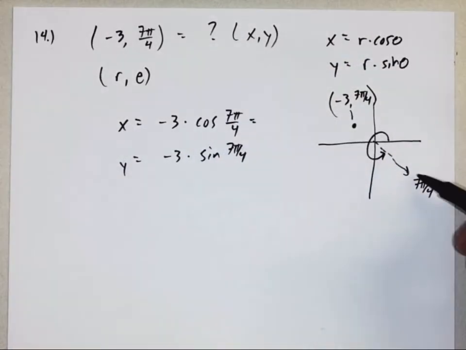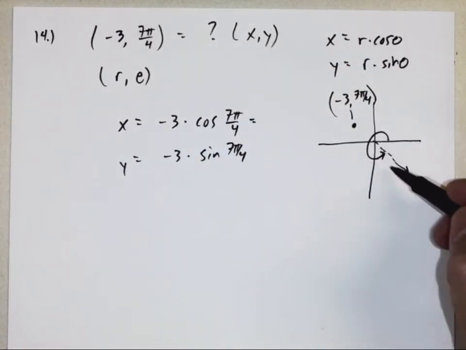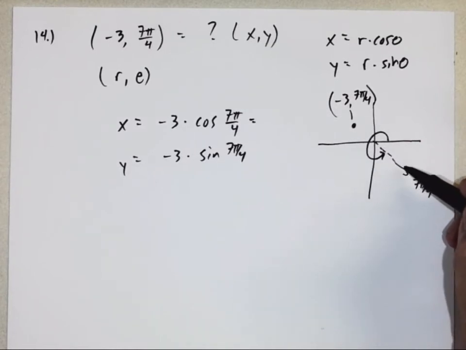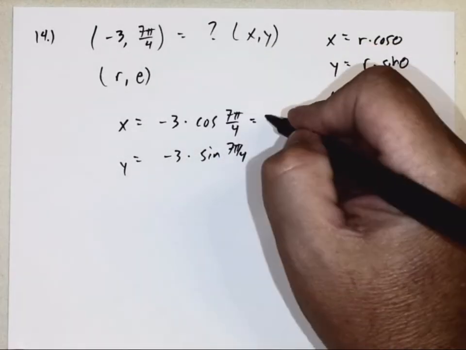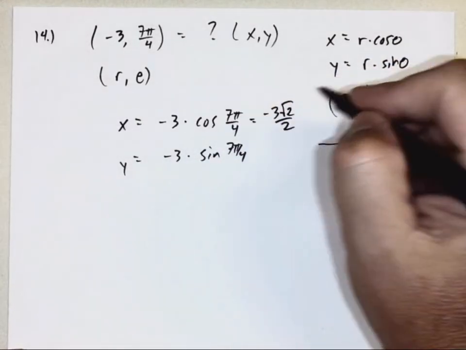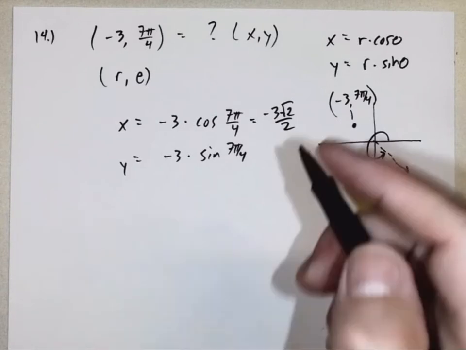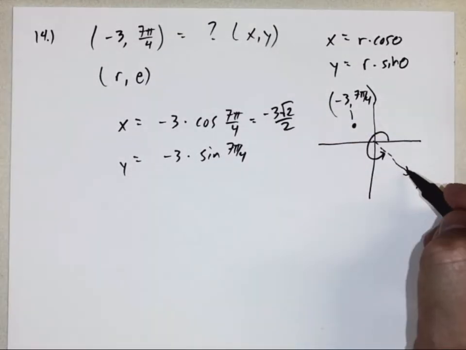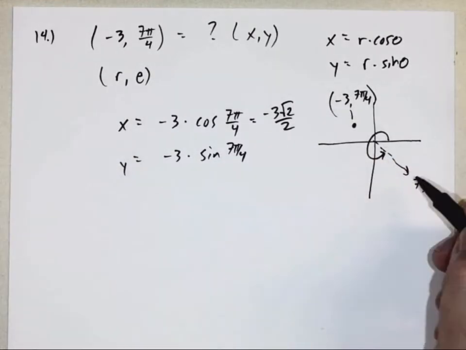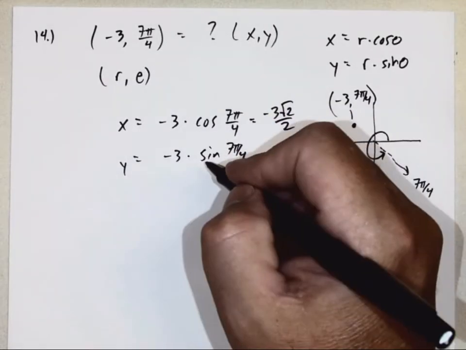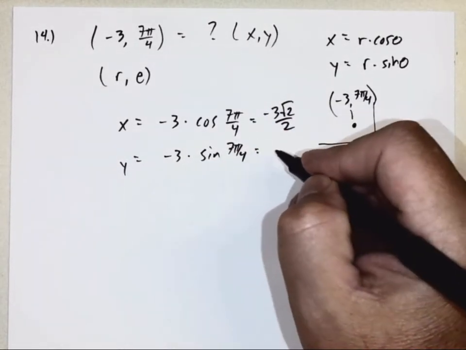Cosine of 7 pi over 4, that's part of my special angles from the unit circle. And I know that cosine is square root of 2 over 2, so when I plug it in for cosine of 7 pi over 4, I get -3 square root of 2 over 2. Now for the sine of this, the sine of 7 pi over 4 is negative square root of 2 over 2 times -3.